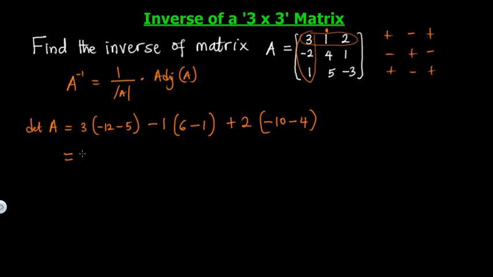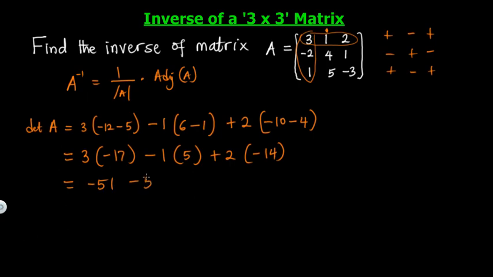Moving further, we'll say 3 open bracket minus 17 minus 1 multiplied by 5 plus 2 multiplied by minus 14. So this gives us minus 51 minus 5 minus 28.